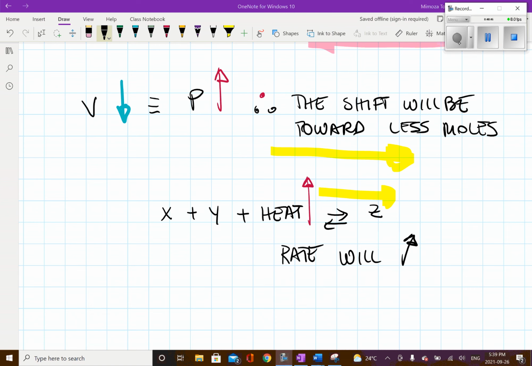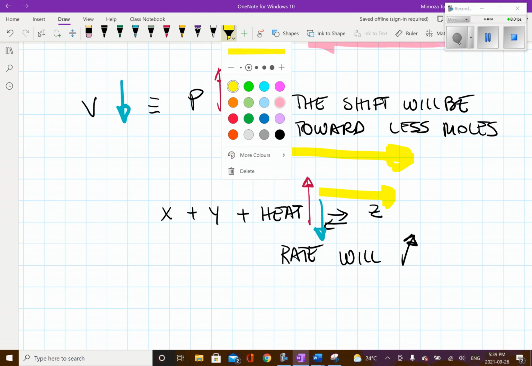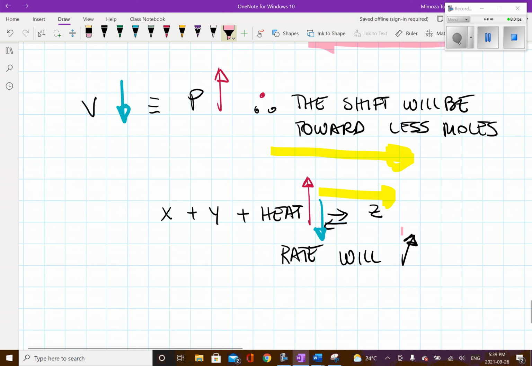And if you decrease the heat, then the direction of the shift will be to the left, and the rate of the reaction will decrease.